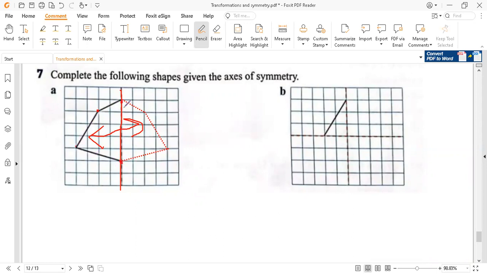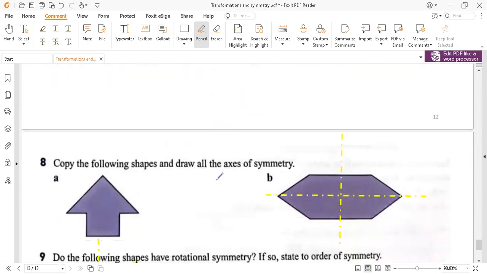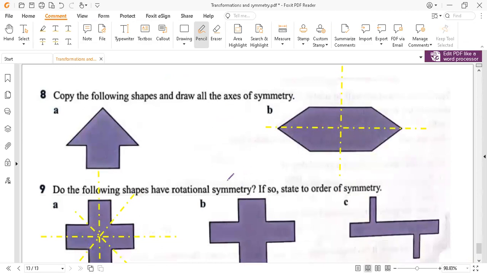This one and this one are on the line of reflection, so their images are the same. For this one we draw a perpendicular line to the right, and we count the same steps after the reflection line to obtain the same distance. And this one is here, so we draw it and we obtain its image, its reflection.